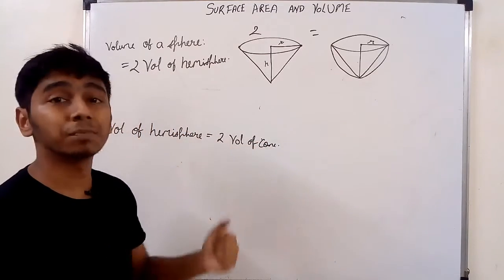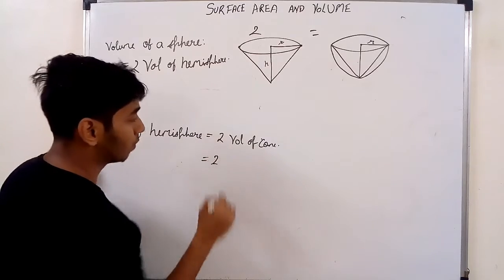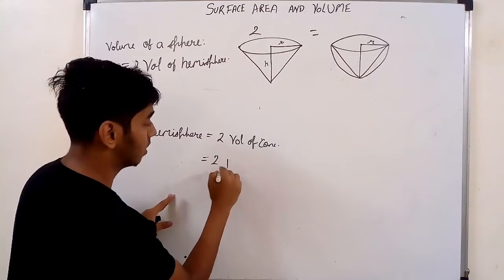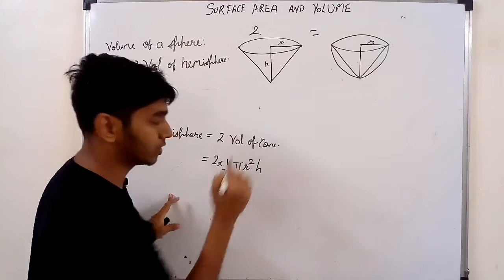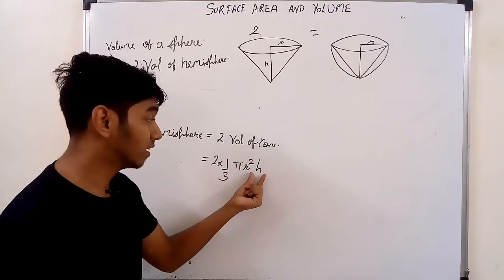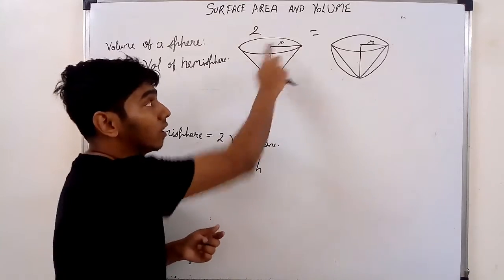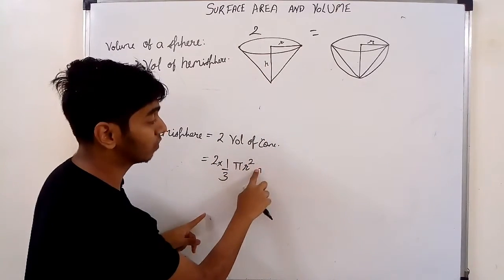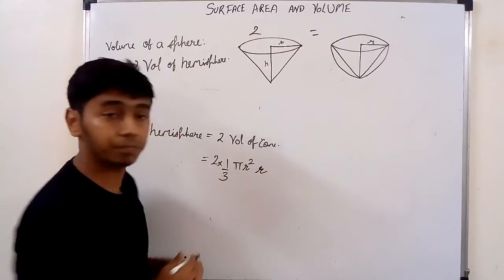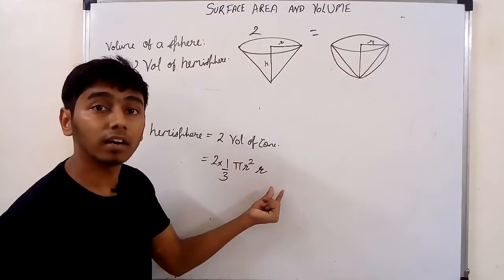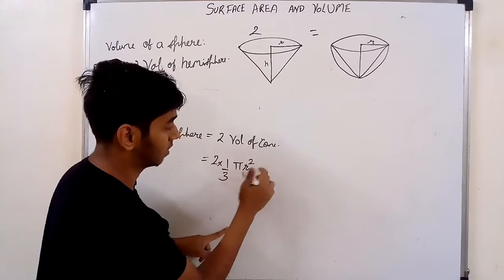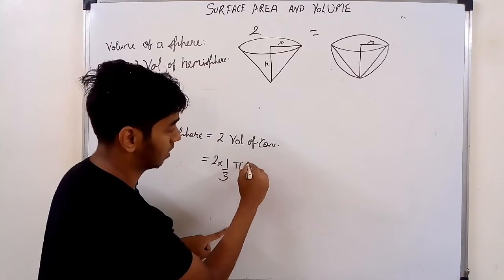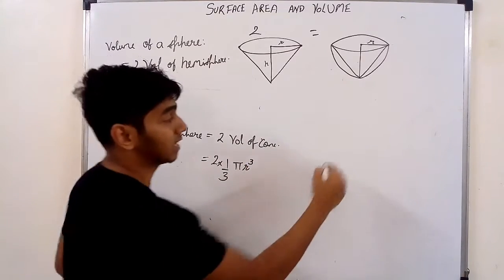You know that the volume of cone is 1 by 3 pi r square h. But h and r, they both are the same, so instead of h, I can write r. So r square into r is r cube.